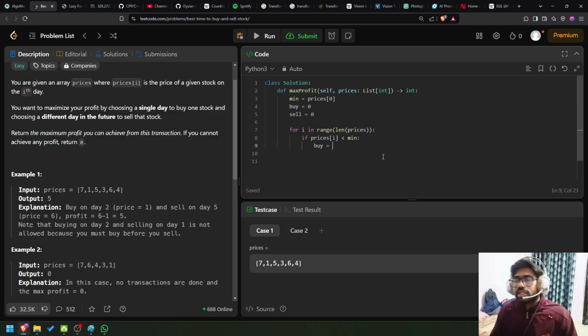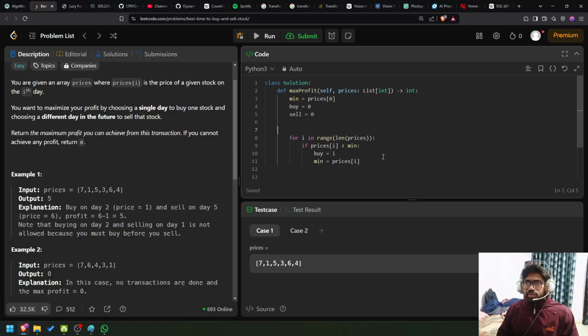So I'll go through the price range. If prices of i is less than minimum, then buy equals i, and I'll update the minimum. So we will obtain the minimum.